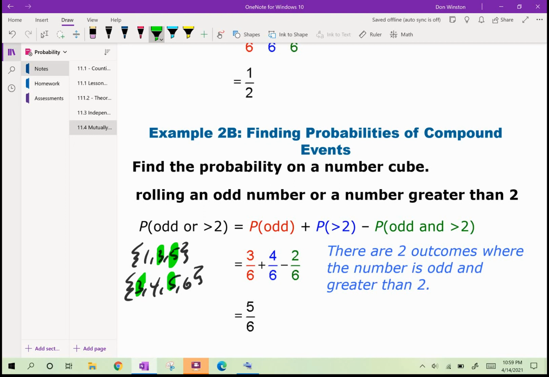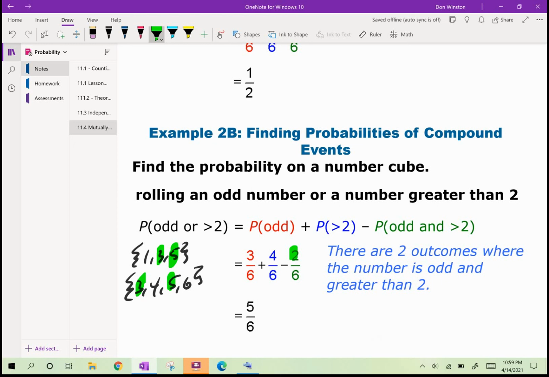So we have 2 outcomes which are common, so we're going to have to subtract off 2. So the probability you roll an odd is 3/6, 1, 3, 5. The probability you roll a number greater than 2 is 4/6, 3, 4, 5, 6. But then you have to subtract off the 2 which are common.